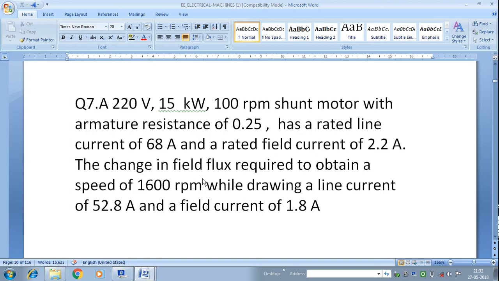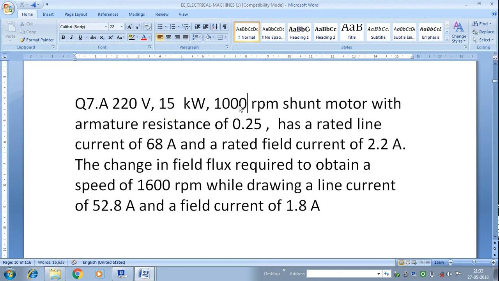I think there is some printing mistake. This is 1000 rpm. So in the first case, the motor is running at 1000 rpm with armature resistance 0.25 ohm.